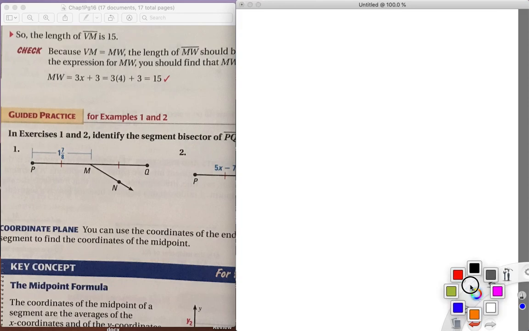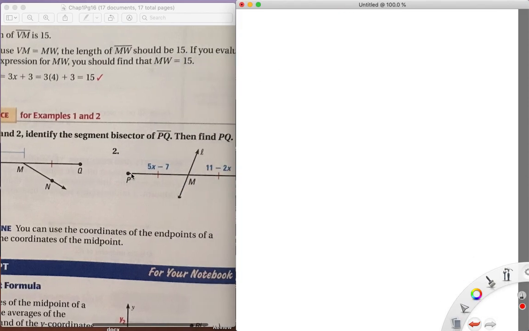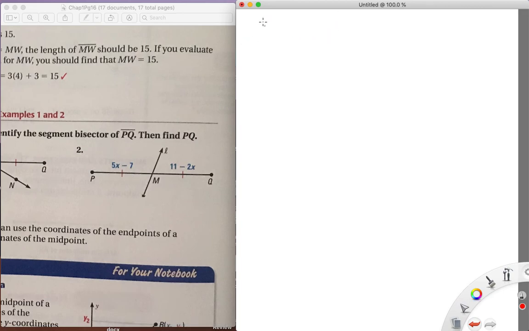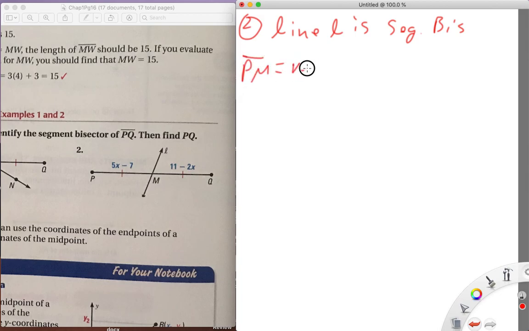For number 2, the segment bisector is line L. Again, I know that PM is equal to MQ, and I know that PM plus MQ equals PQ.